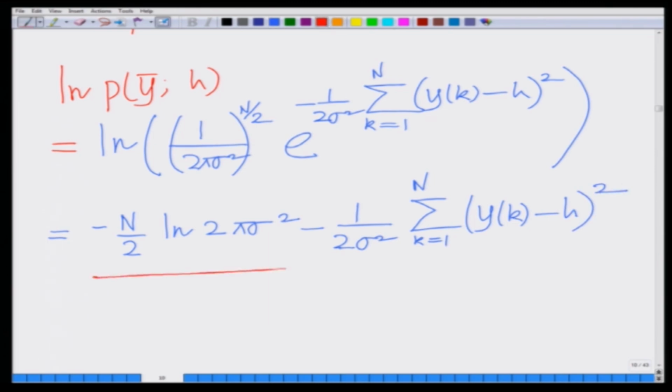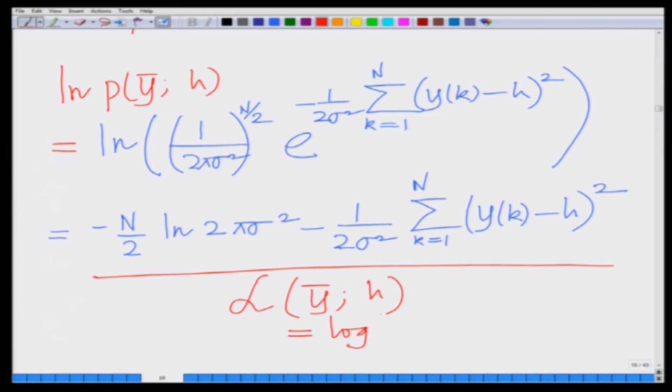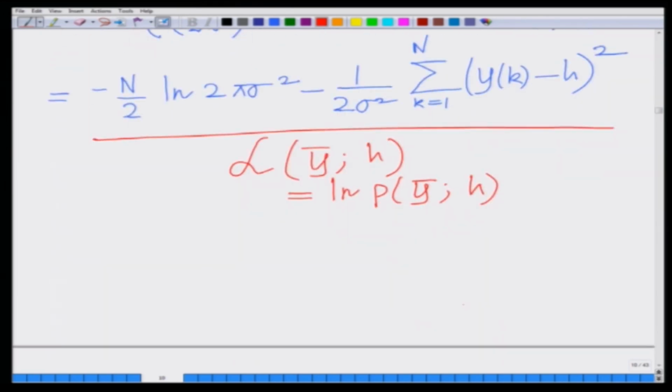This is the natural logarithm of the likelihood function p of y bar parameterized by h, denoted by script L, and it is termed the log likelihood function.